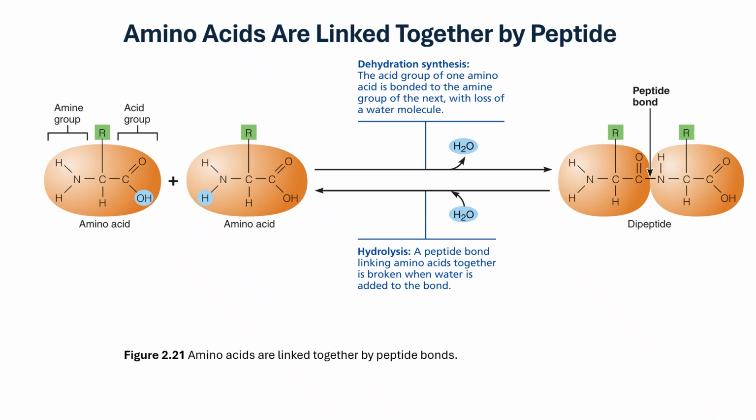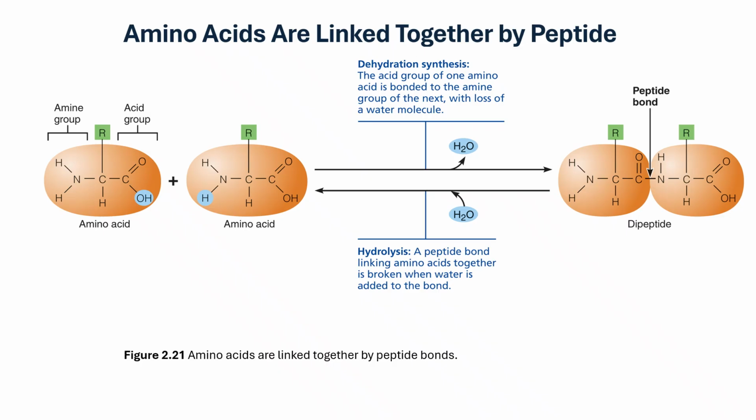Here the linked atoms form this dipeptide, which consists of two linked amino acids. So once again, dehydration synthesis takes two amino acids, puts them together, and you lose a water. Dehydration, you're losing a water.